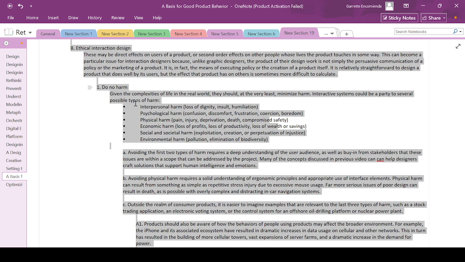This can become a particular issue for interaction designers because, unlike graphic designers, the product of their design work is not simply the persuasive communication of a policy or the marketing of a product. It is, in fact, the means of executing policy or the creation of a product itself.